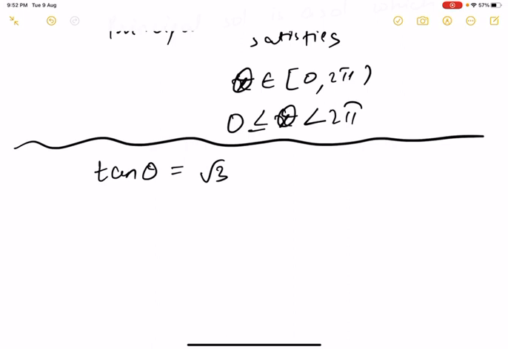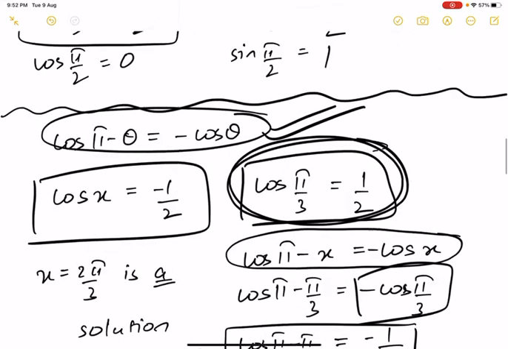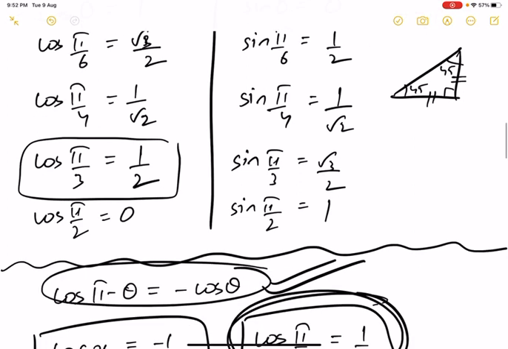Now what theta value should we take? If you remember from your class 11 for tan, for sine and cos I have written the table over here. This is the sine and cos table. You can see for tan also. What is tan? Tan is sine divided by cos.